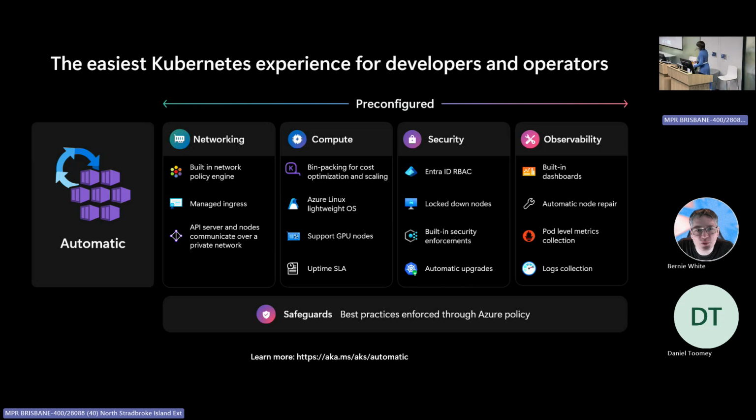My go-to is, if I have an application, the first question is, can this run on App Service? App Service can run containers. If it's a small application, App Service is a great platform, super easy.